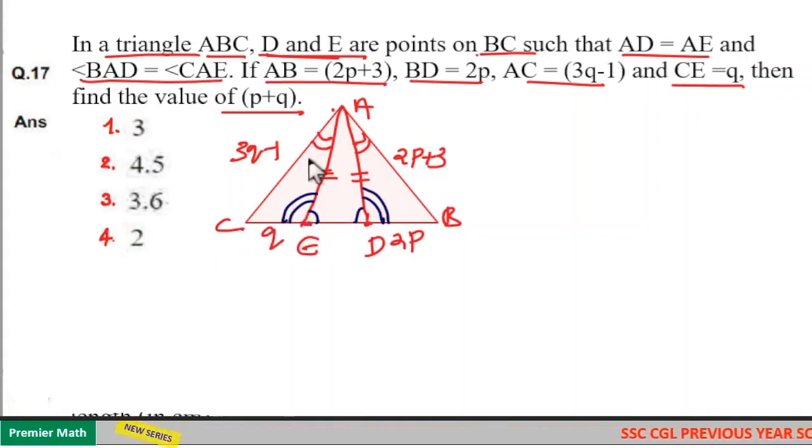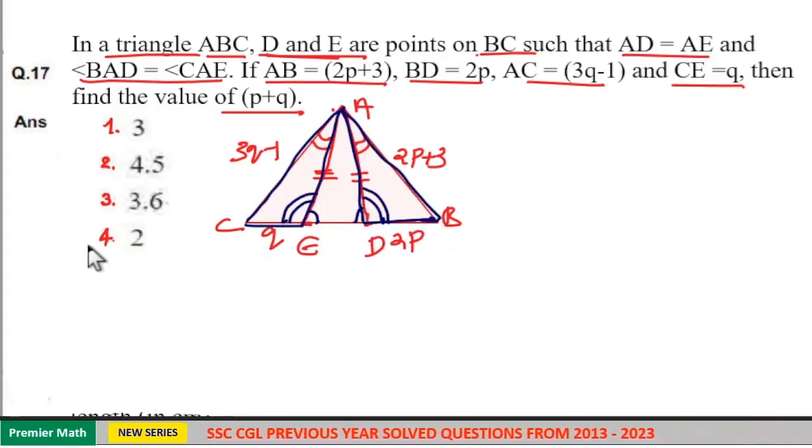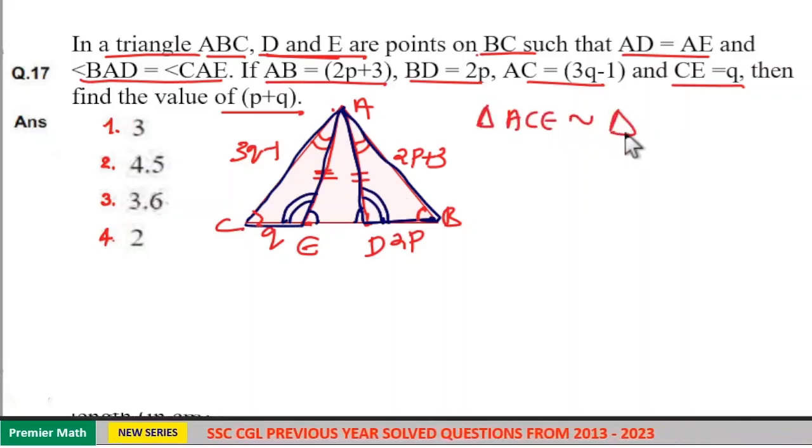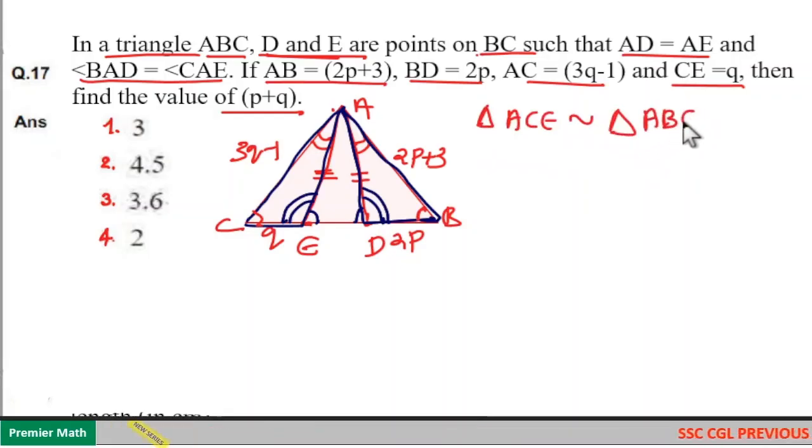Now you can see in these two triangles, that is in triangle AEC and in triangle ADB, all three angles are equal, because two angles are already equal, which means the remaining third angle is also equal. Then three angles are equal means these two triangles are similar. That is, triangle ACE is similar to triangle ABD.